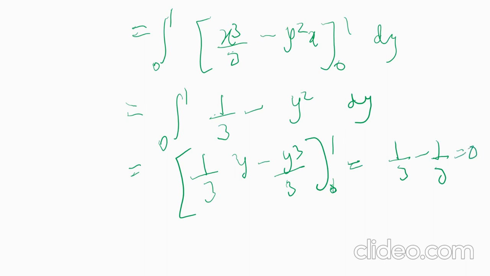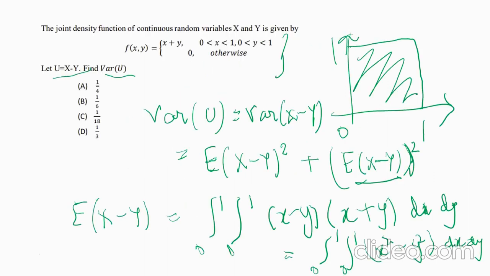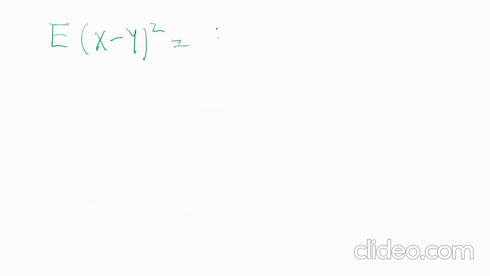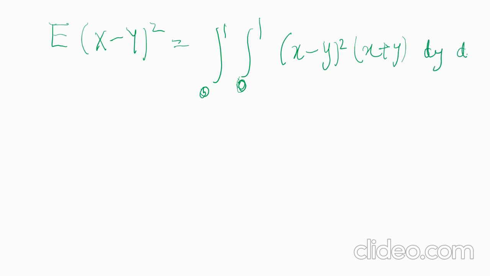So expectation is 0. Now next we want to find expectation of (x minus y) square. So expectation of (x minus y) square will be the integral from 0 to 1, 0 to 1 of (x minus y) square times (x plus y) dx dy, and then we can just open it firstly.